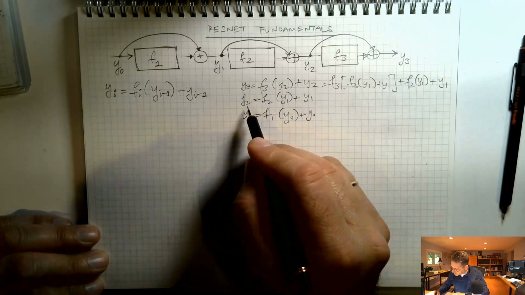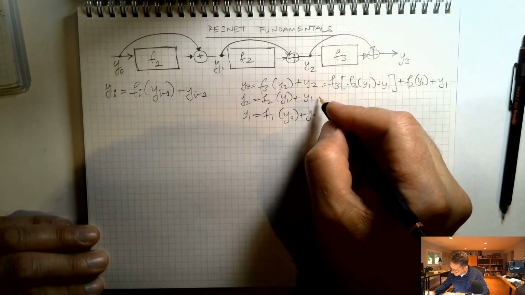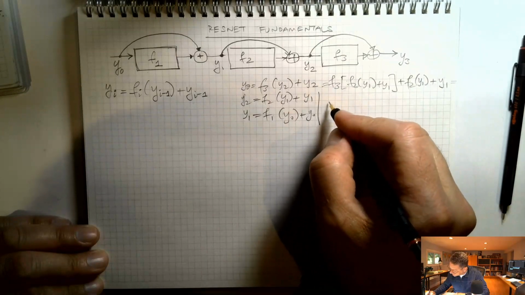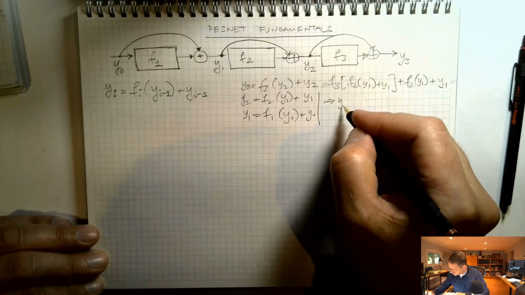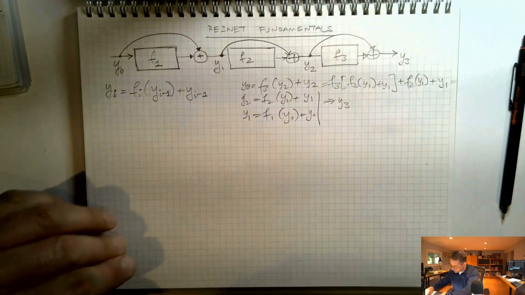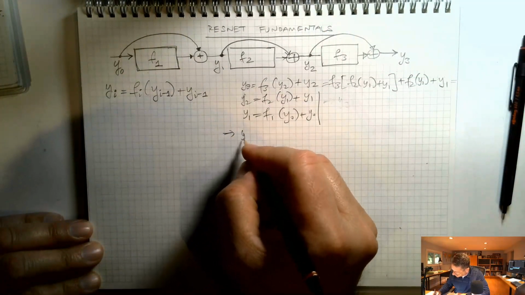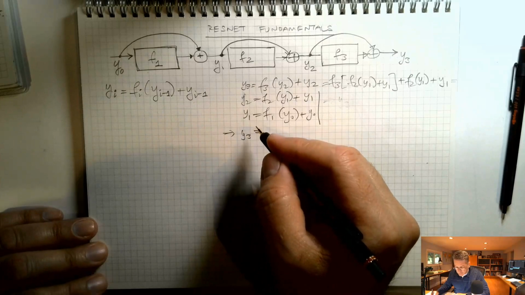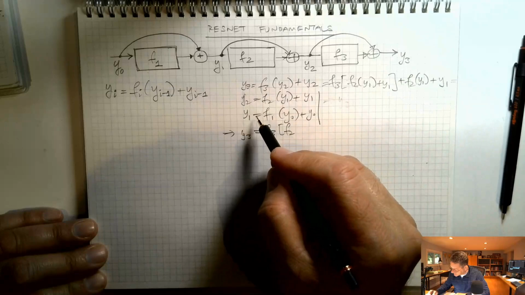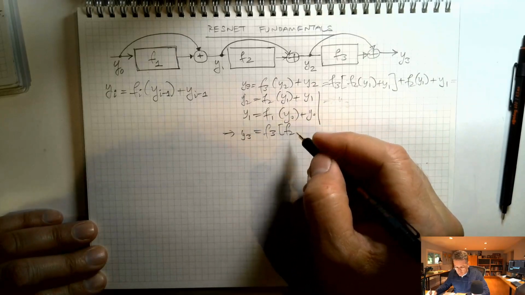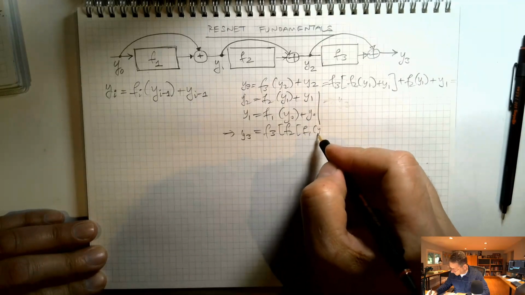Okay, so I just replaced the Y2 with its equal, and now let me write it over here because I just need a long line to make the final replacement. So it is F3 of F2. Now I'm going to replace the Y1 with its equal to obtain the final expression.